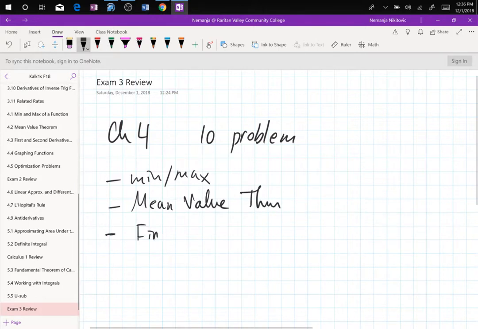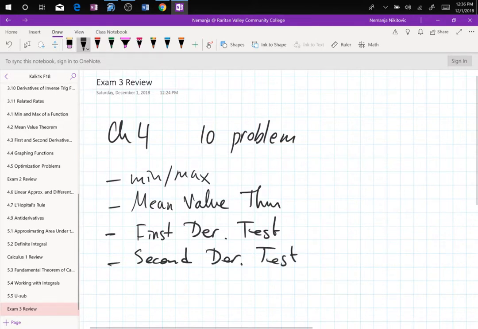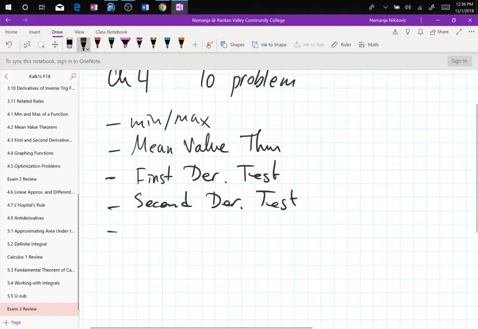Then first derivative test, second derivative test, graphing, linearization.